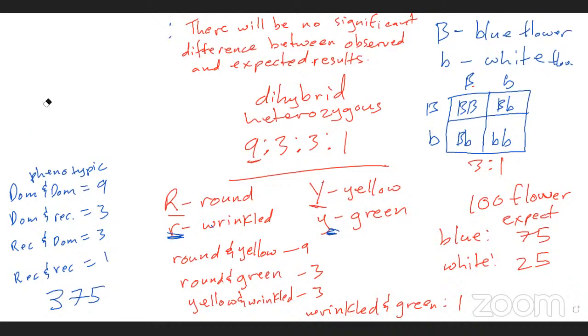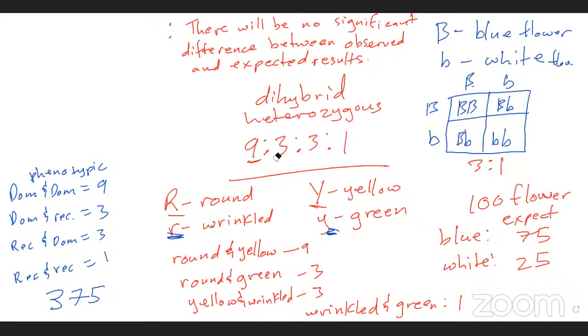In terms of doing this on the exam, the question will come, they will give you a cross. Once you do the cross, you will get your expected phenotypic ratio. In any example, once it's two heterozygous offspring, your phenotypic ratio is 9 to 3 to 3 to 1.